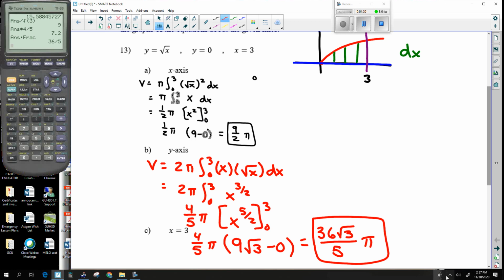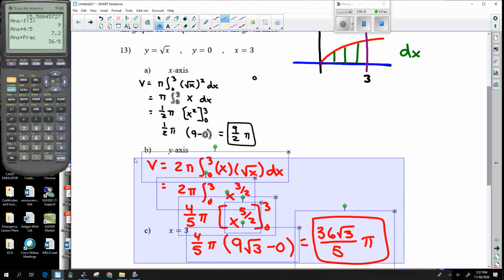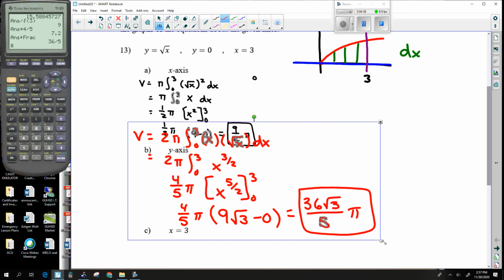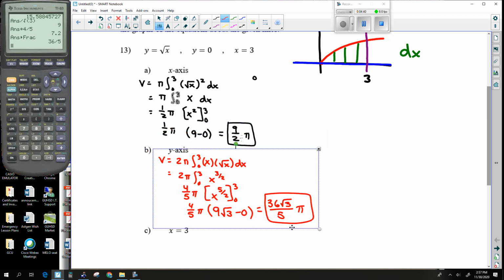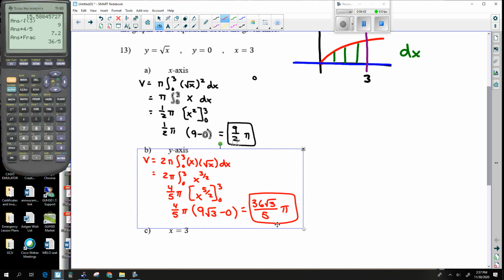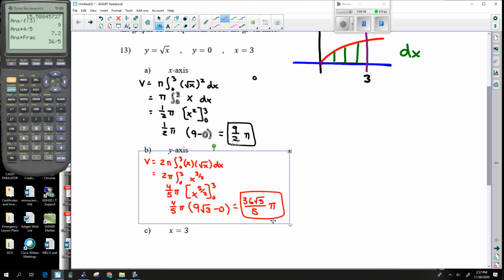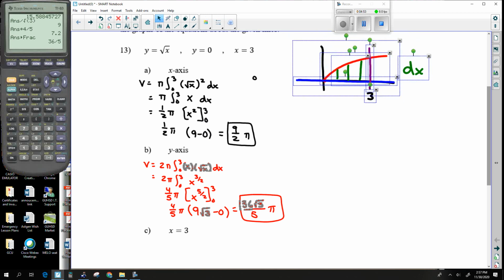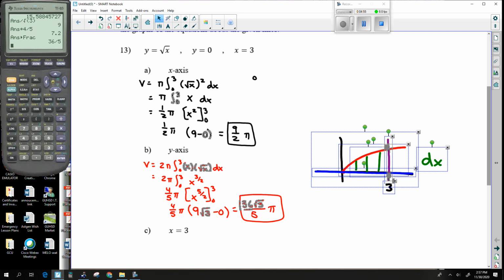Okay, and now here's why they are bringing this up, a topic we talked about a little bit before, but we are absolutely going to know how to do this by the end of today: what happens when we move these axes around. Maybe it's not the x-axis anymore, or the y-axis anymore, but something else.